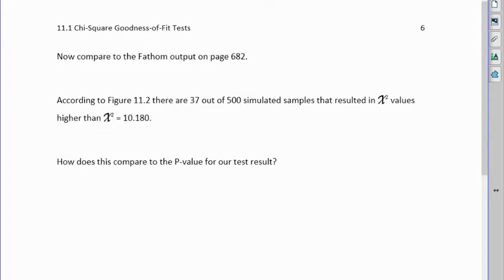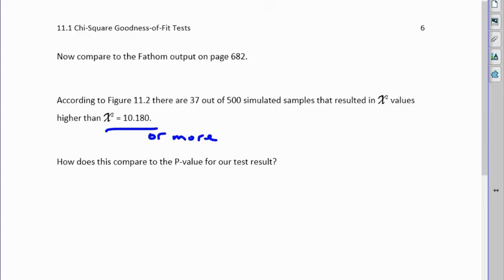Then we're going to pull out samples of 60 candies from all these electronically generated theoretical candies. How many of these samples are going to have collective differences of all the colors taken together from what the company stated? How many of them are going to have this collective difference of 10.18 or more?